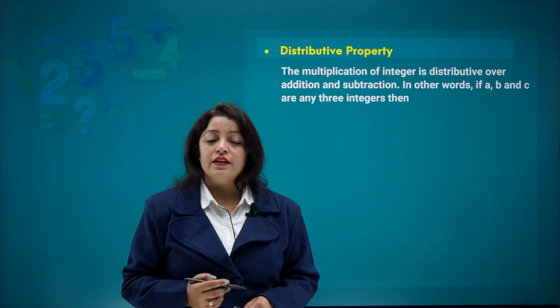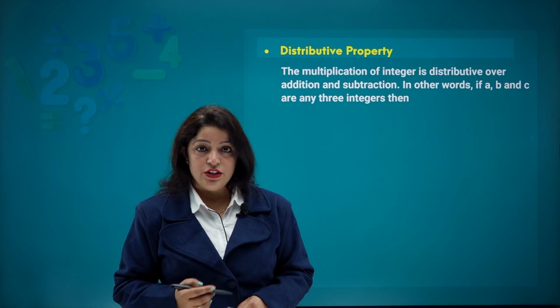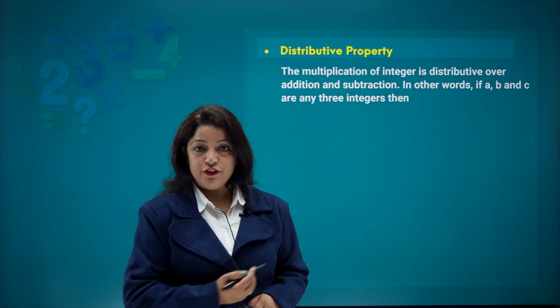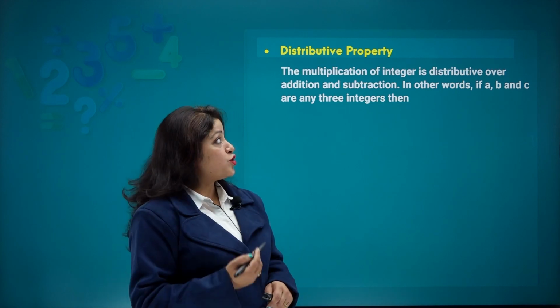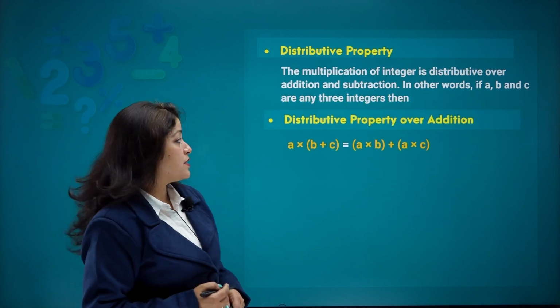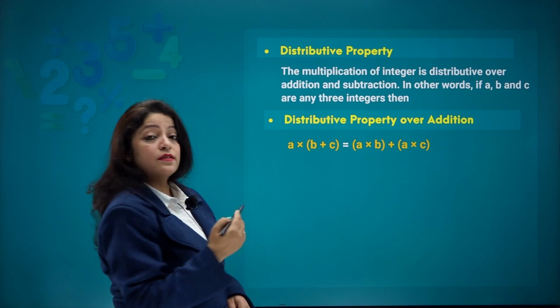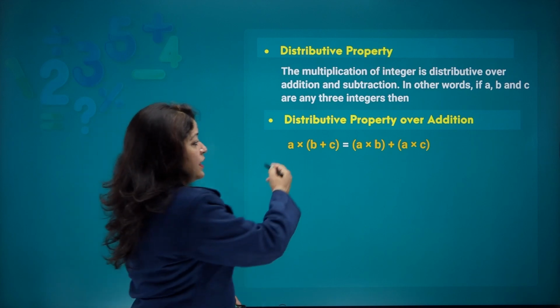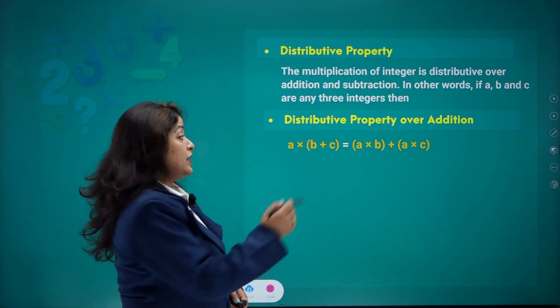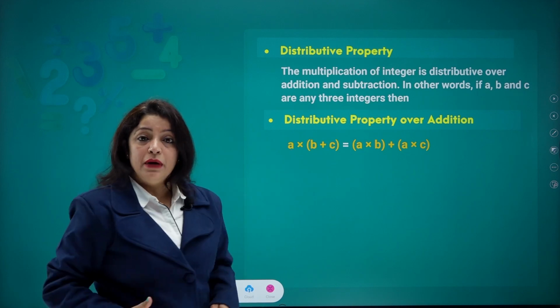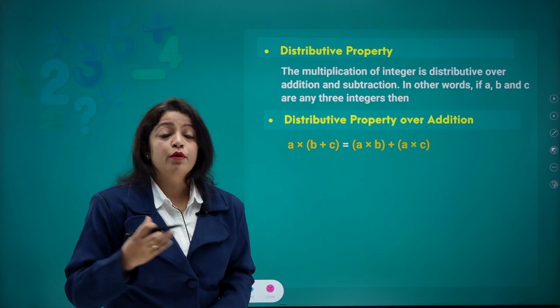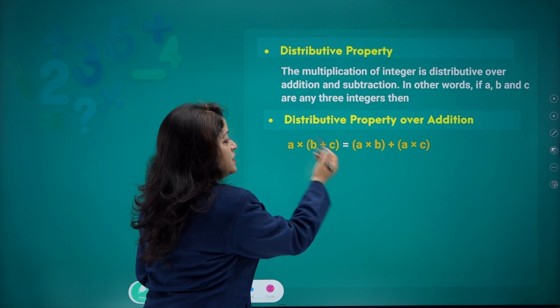Like if a, b and c are 3 integers, first I'll deal with distributive property over addition. Then it says that a is multiplied by the sum of 2 integers. What happens if a is an integer which is getting multiplied by the sum of 2 integers b and c?